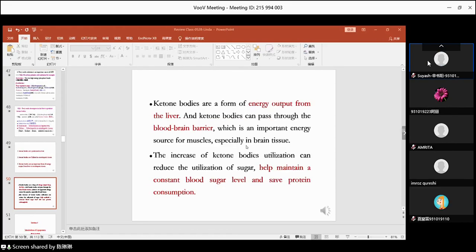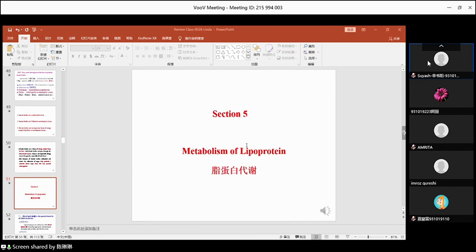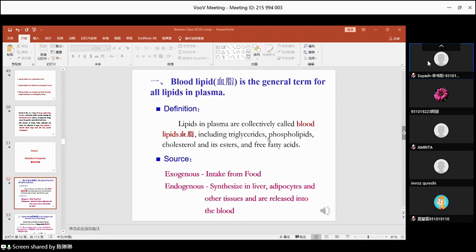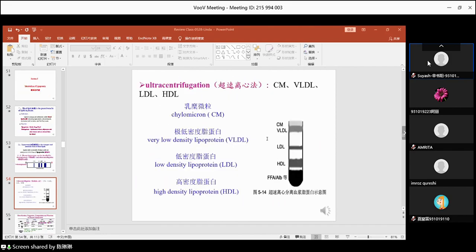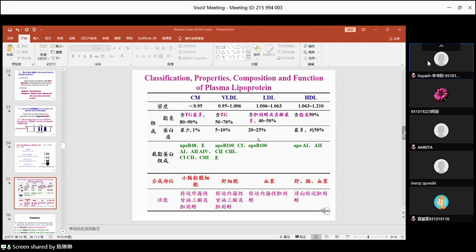And next is the metabolism of lipoproteins. In this part, you should remember that they can be classified into CM, VLDL, LDL, and HDL by ultracentrifugation.